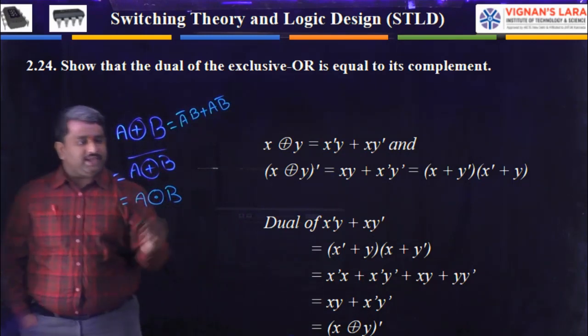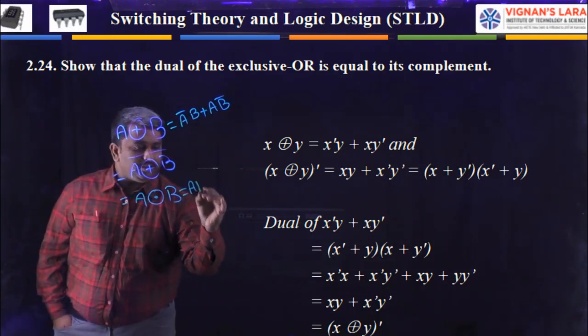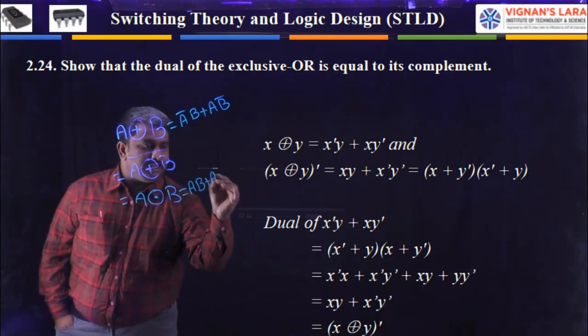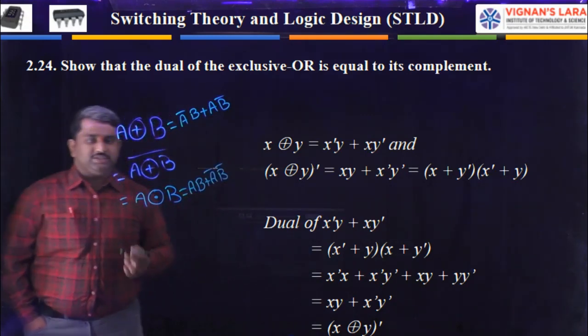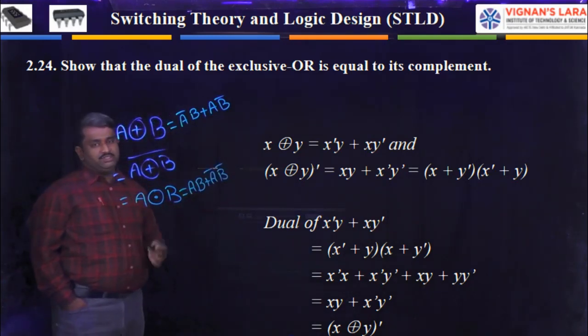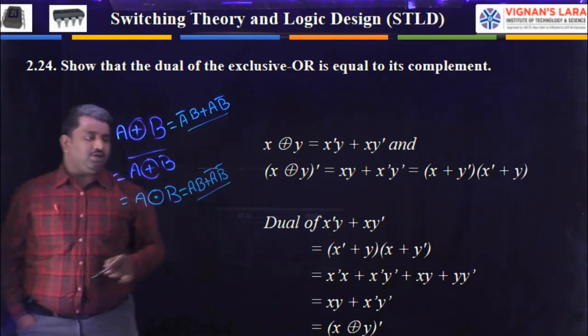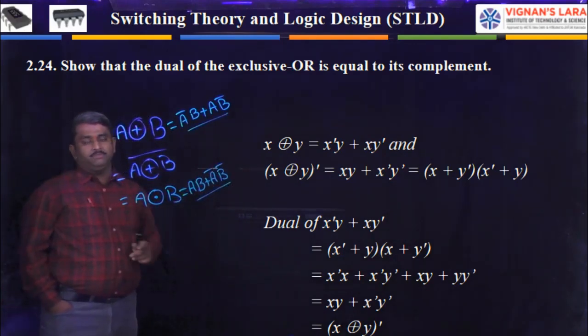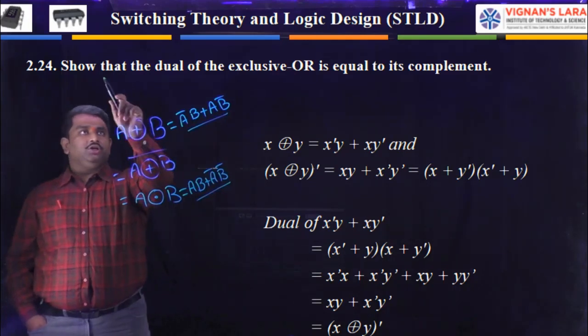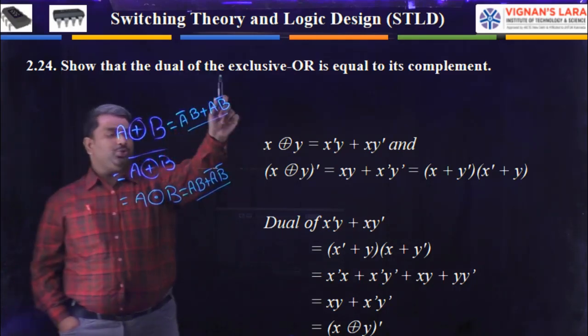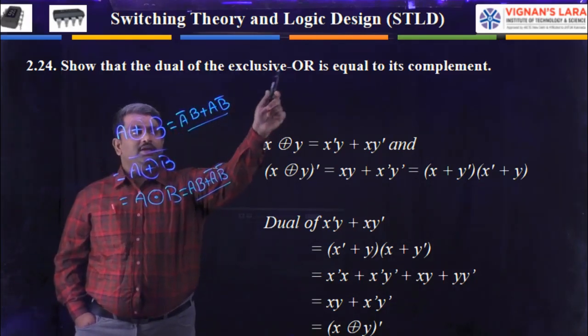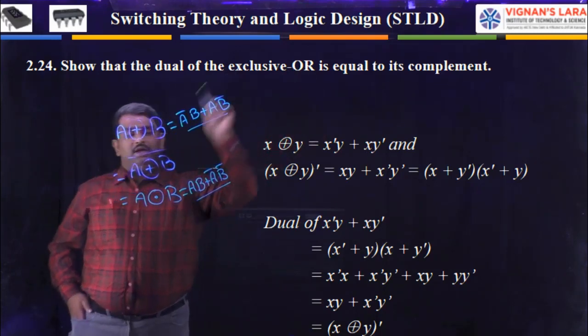What is the XNOR function? A B plus A bar B bar. So this is the XNOR function. It's a very simple thing. So what is the problem statement? Show that the dual of the XOR gate is equal to its complement.